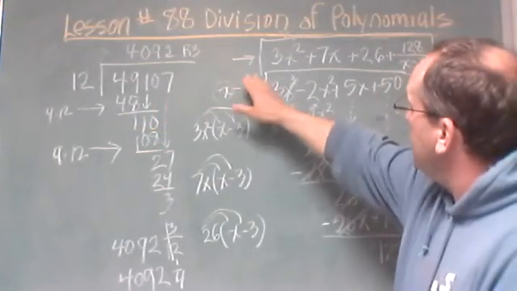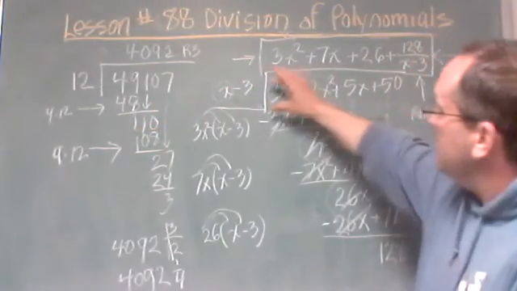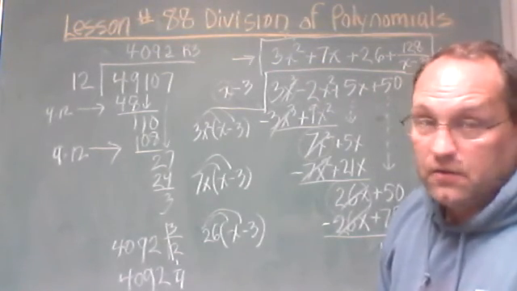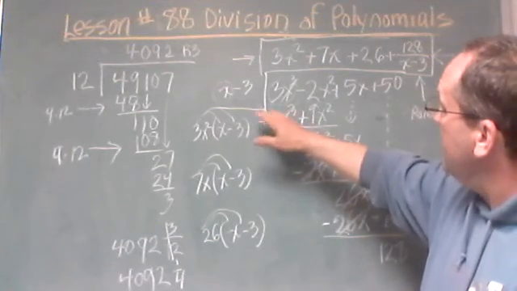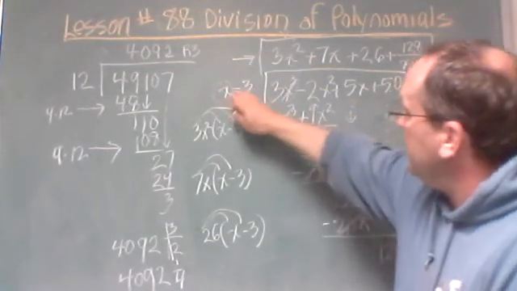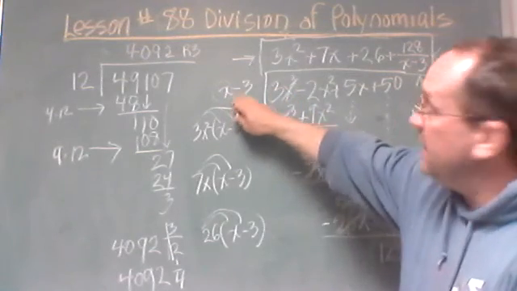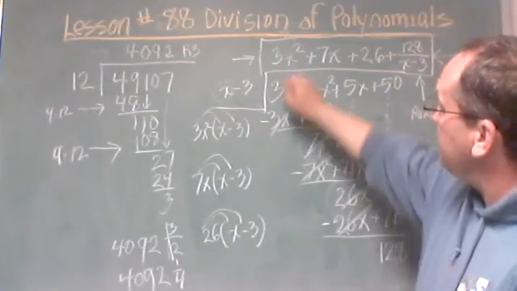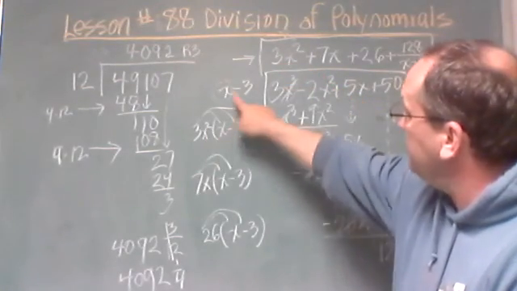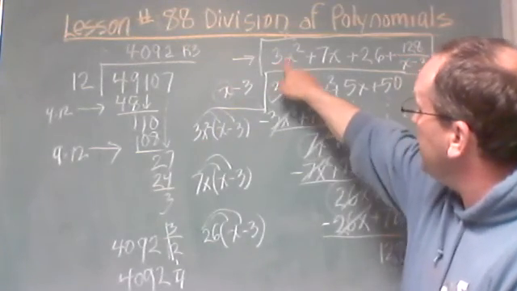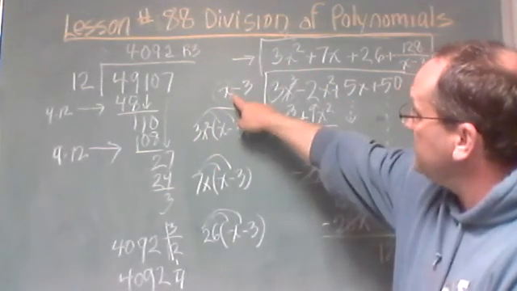Real quick, express the polynomials in descending powers, and then go ahead. Your first term you put up here, you're only looking at your first terms to get it. Then that first term, you're going to multiply by what you're dividing by: 3x squared times x minus 3.